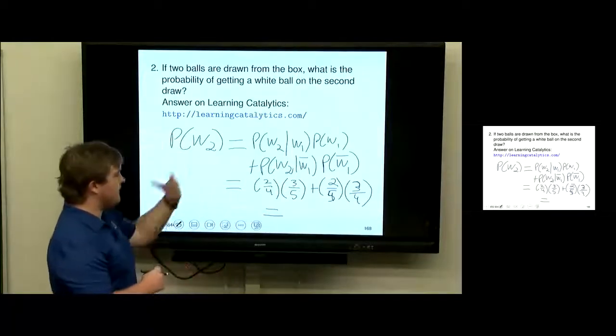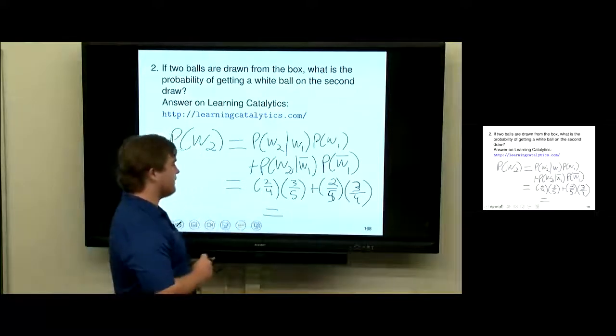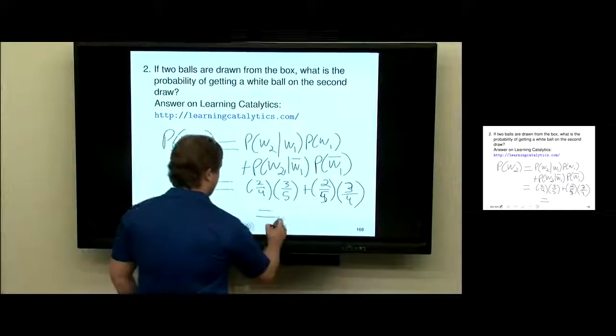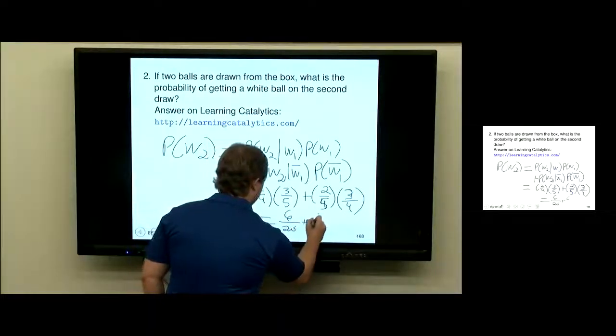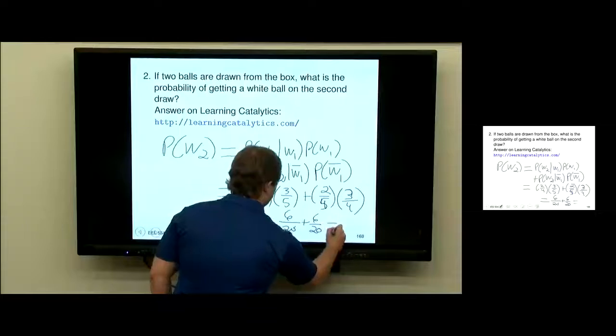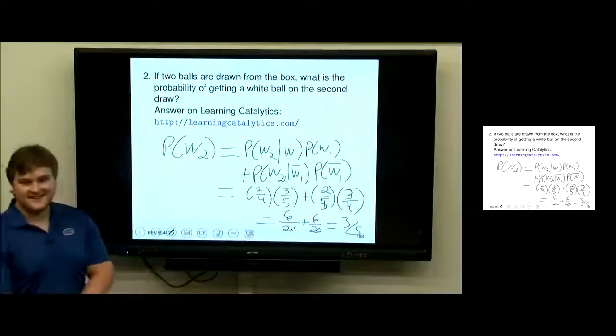So the event that I draw a white ball in the first draw and I don't draw a white ball in the first draw. And so this ends up being 6/20 plus 6/20 equals 3/5. Same probability as W1.